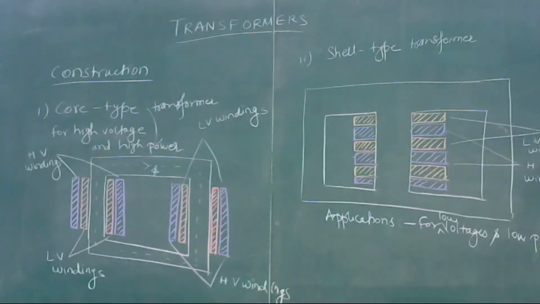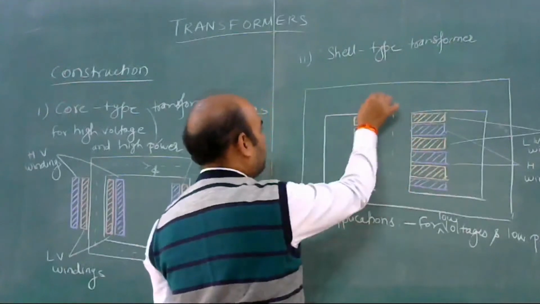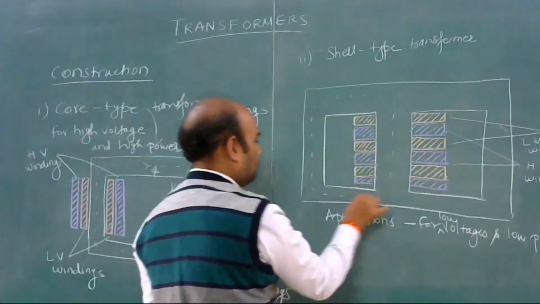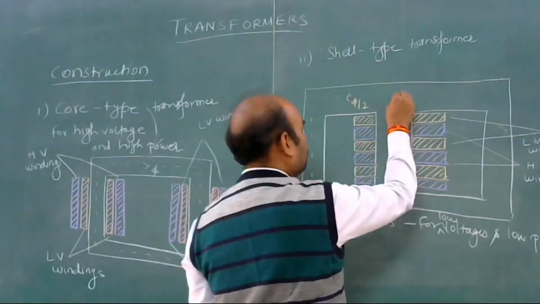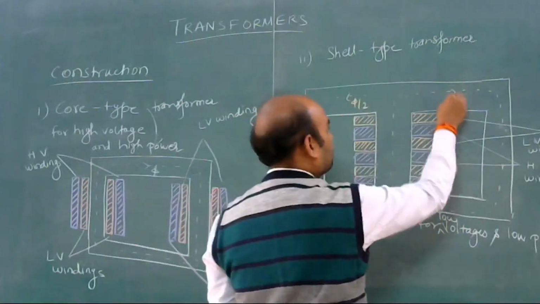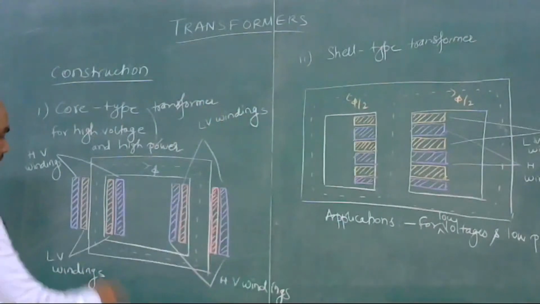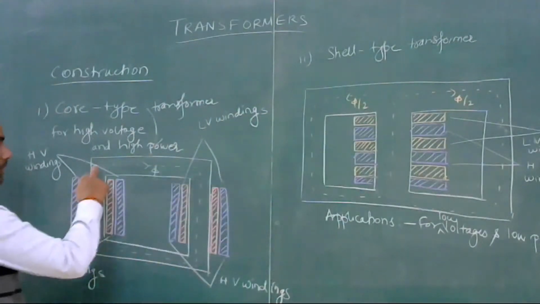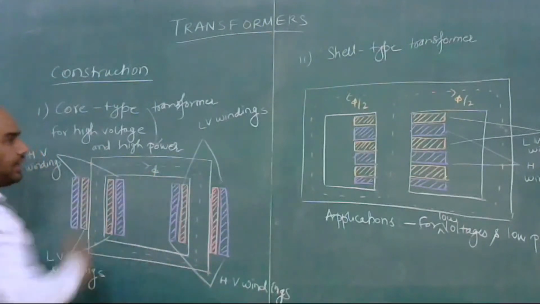And here the flux is divided into two equal parts. So this is phi, this is phi by 2, and here it is phi by 2. In case of the core type transformer, the flux flowing in the core is phi.